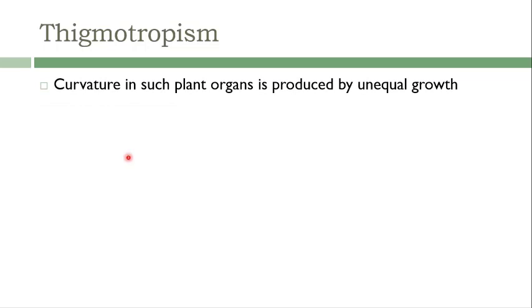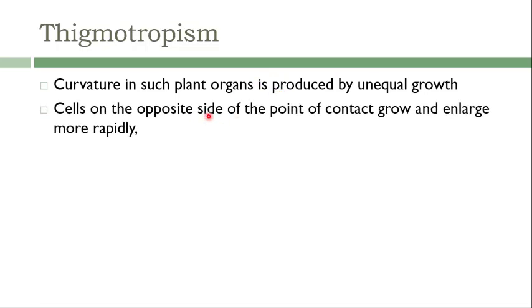So curvature in such plant organs is produced by unequal growth. As we have seen in the mechanism of phototropism, here also there is an unequal growth in different parts of the plant, so on different sides of the plant. That side which is touching the touch stimulus, there the growth will be slow, but the cells on the opposite side from the point of contact grow and enlarge more rapidly.